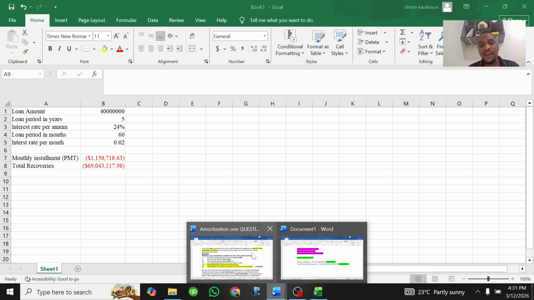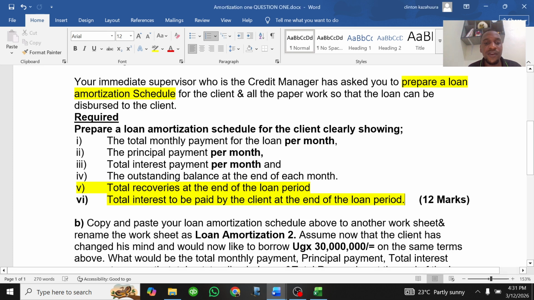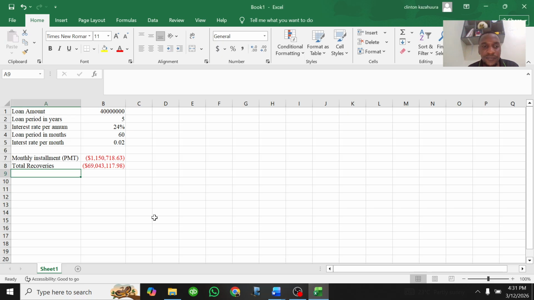Then the next thing here, they want us to determine the total interest to be paid by the client at the end of the period. So we are calling that interest payable, like what the client is going to pay at the end of 5 years. So I come here and say interest payable. Remember, in the total recoveries, there is the loan amount, which is the 40.